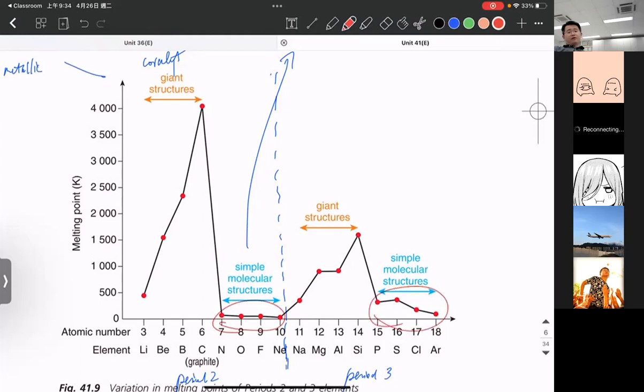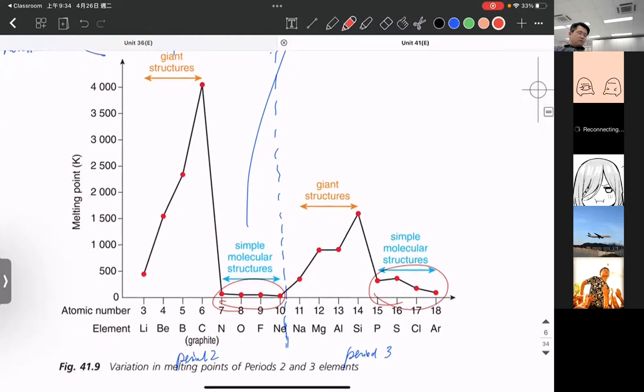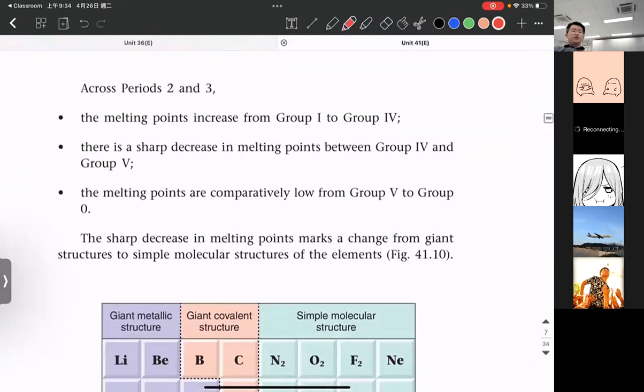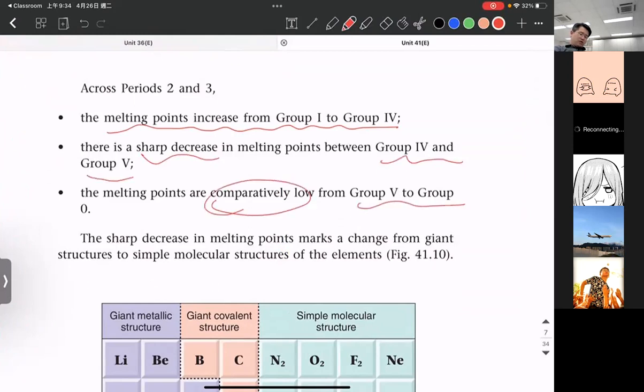Maybe some of you may find it quite hard to memorize this. So first of all, state the pattern. The melting point increases from group 1 to group 4, decreases sharply from group 4 to group 5, and then is relatively low from group 5 to group 0.